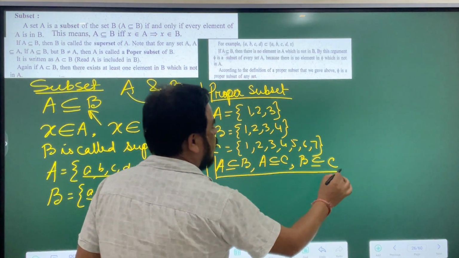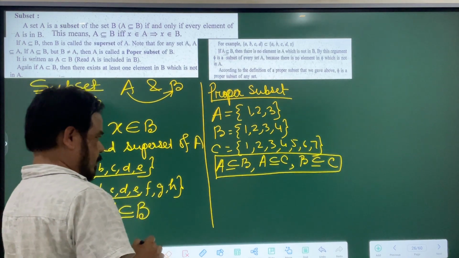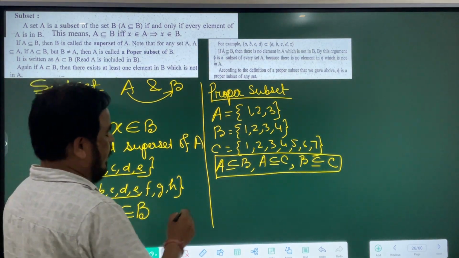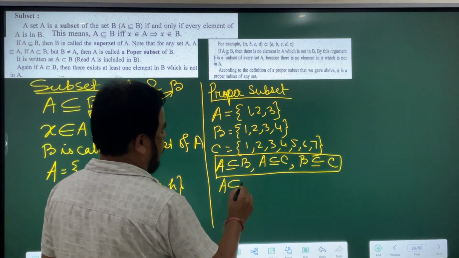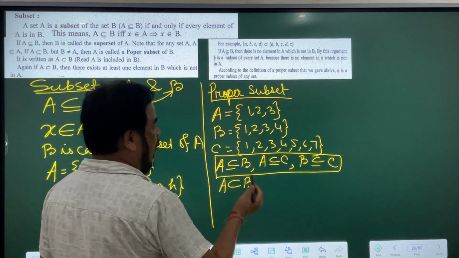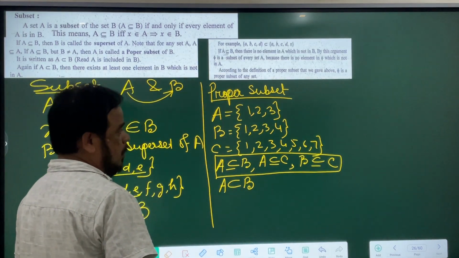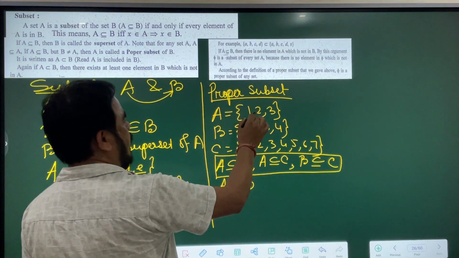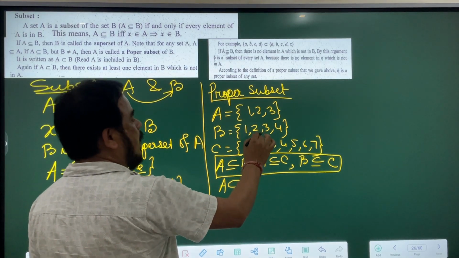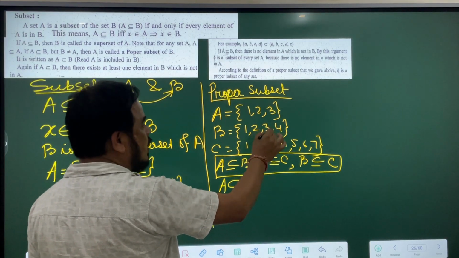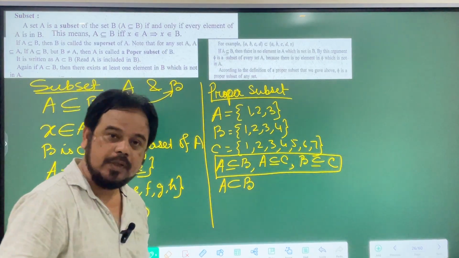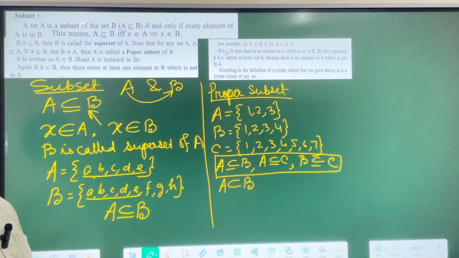Now forget about this. Now A is called proper subset of B. Why is it called proper subset? Because all the elements of A are present in B and B has got at least one extra element.